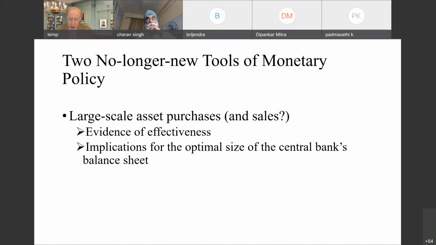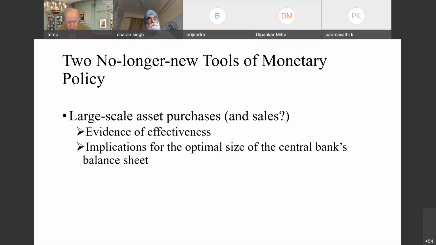Well, that wouldn't have been a blunt instrument at all. That would have been a very good instrument. So my sense is that we should not go back to a balance sheet of the size of what we had before the crisis. Instead, we should retain on the central bank's balance sheet a large quantity of securities and think of those as available for sale when it's necessary to exert a contractionary pressure on the economy.